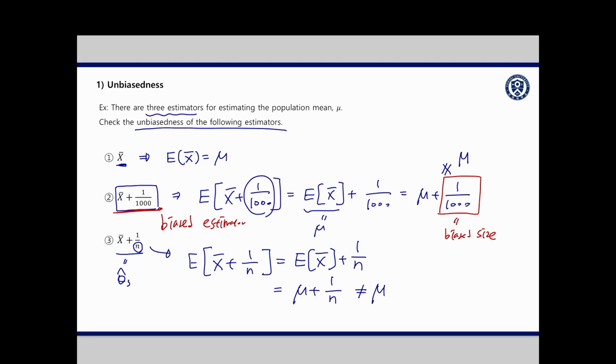But as the sample size increases to infinity, the bias goes to 0. So the estimator becomes unbiased. The third estimator depends on the sample size small n.